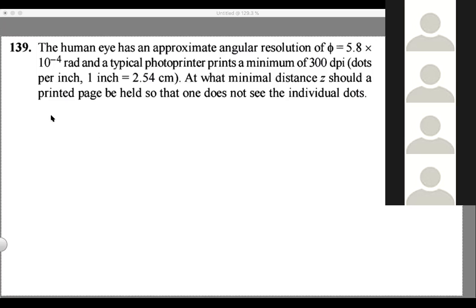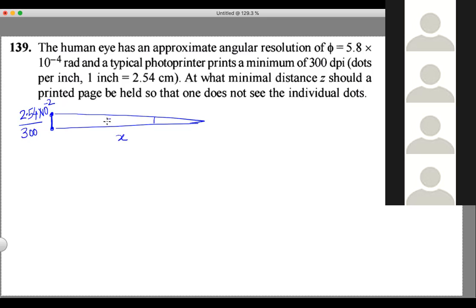Okay, so what are we talking of? The distance is how much? 1 inch, which is 2.54 centimeter by 300. This is the distance between the two dots. At a certain distance x, we cannot differentiate between the two.